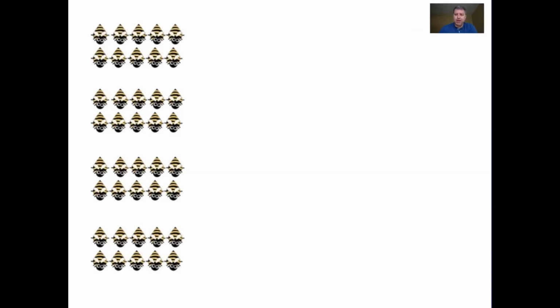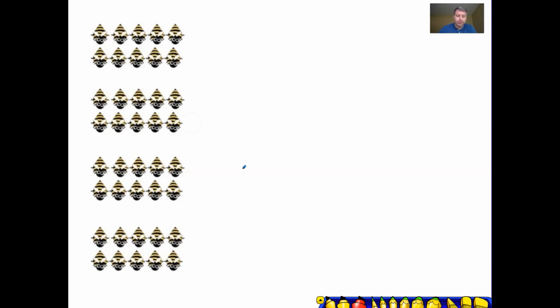Here we have some bees. Let me just move my head over a little real quick and you can see them. There we go. All right, and these bees are in 10 groups. I can count these bees 1, 2, 3, 4, but that's going to take all day long, friends. I want to count by tens. You ready to count with me?